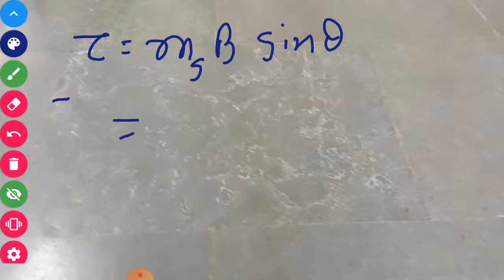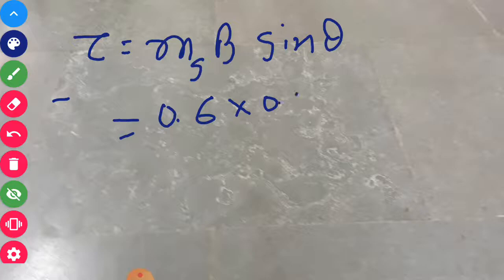Okay, and as you know, torque is equal to m cross B, that is mB sin theta. So torque is equal to mB sin theta. Now the solenoid is placed, so I write m_s just to specify that we are placing the solenoid. This value of magnetic moment, 0.6, we calculated in 5.5.